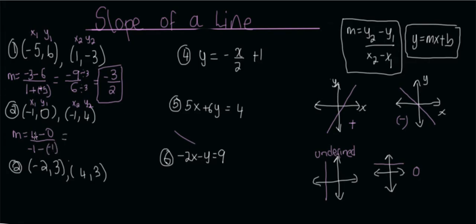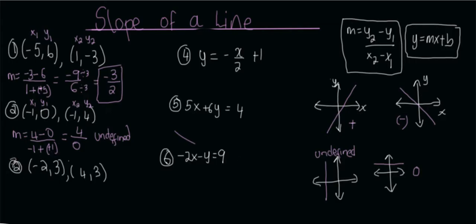So let's go ahead and simplify. 4 minus 0 is 4. Negative 1 minus negative 1, let me do my change here, this would be 0. Remember that when you divide by 0, this is actually undefined. You can't divide by 0, so what that tells me is the slope is undefined, which means that ordered pair would be on a vertical line.